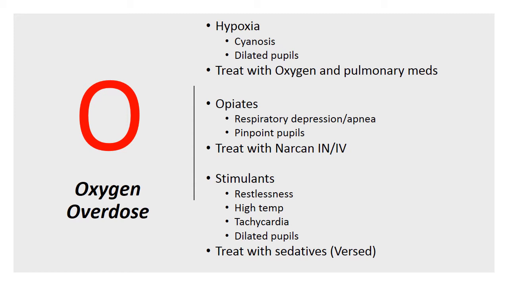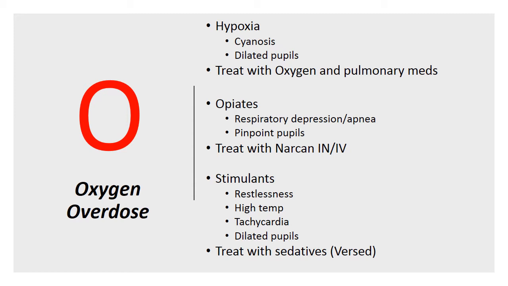Contrary to hypoxia, which causes dilated pupils, opiates are going to cause pinpoint pupils and respiratory depression. In hypoxia, they're probably going to be tachypneic, trying to get in more ventilation for respirations. They may have complete respiratory depression or complete apnea with that opiate overdose.